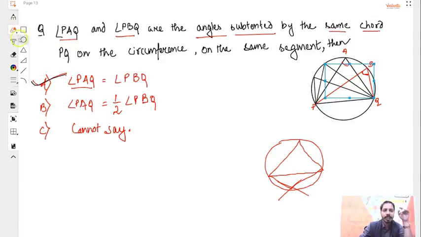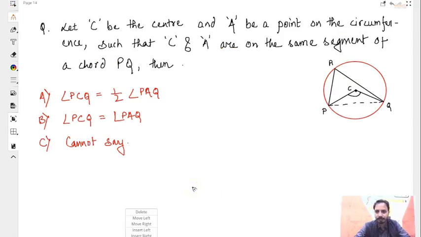I cannot draw it somewhere in between and say that this is equal to this. No, this point should be on the circumference, right, guys? Okay, so now let's go to the next concept. Hope you understood this.